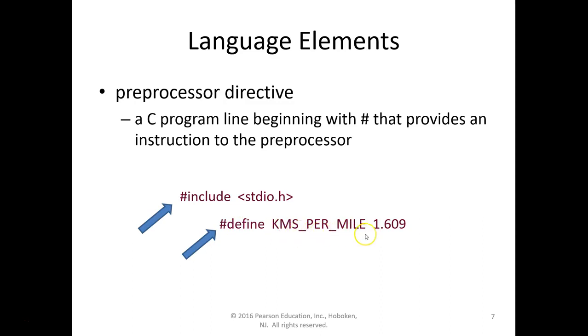And then you can also define, for instance, kilometer per mile as 1.609. What this means is this variable, you can pretty much replace with 1.609. So you kind of define.